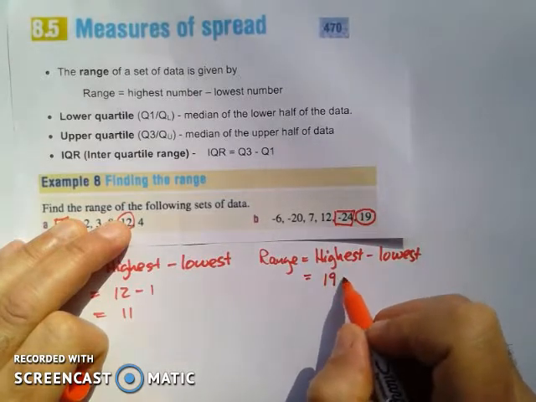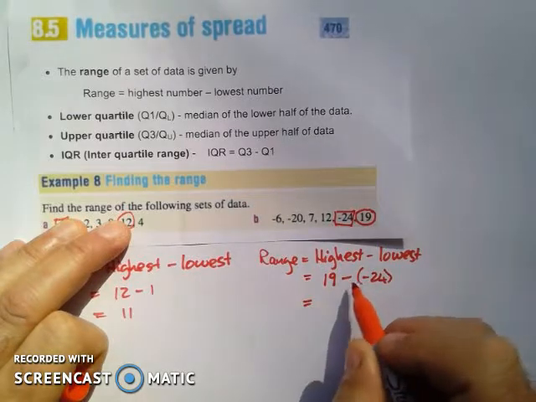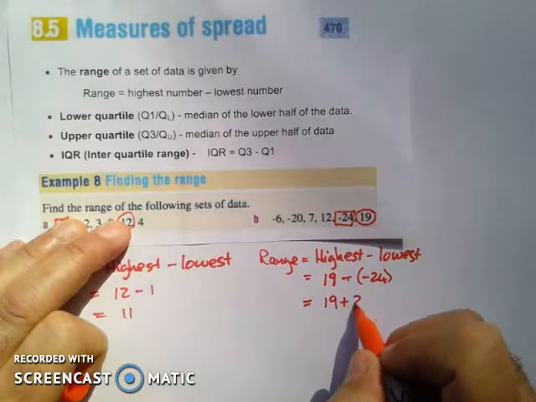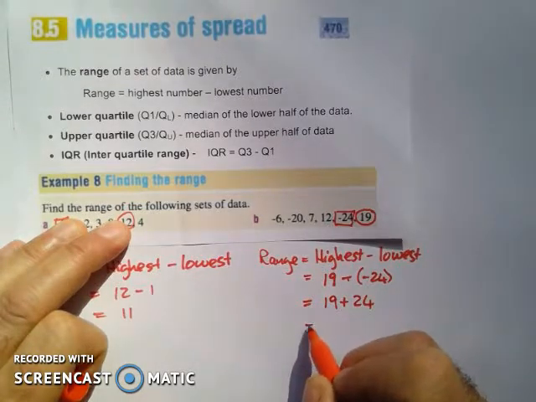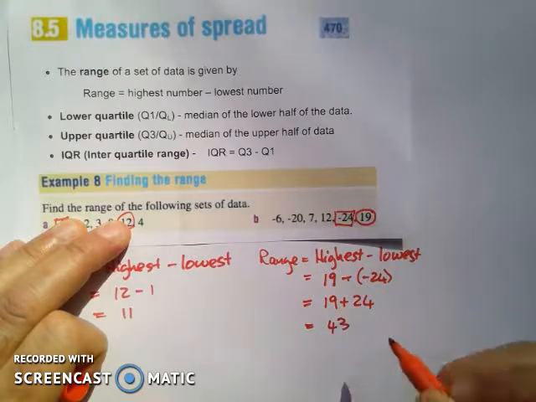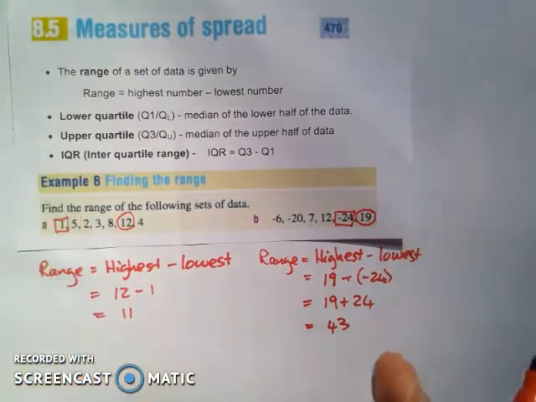Which means it's 19 take away negative 24. And if you remember term 1, a negative and a negative gives us a positive, which means 19 plus 24, and that will give us an answer of 43. That is the range. That is the distance between the highest and the lowest value.